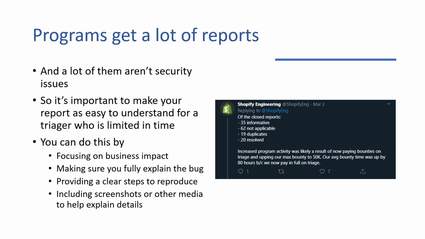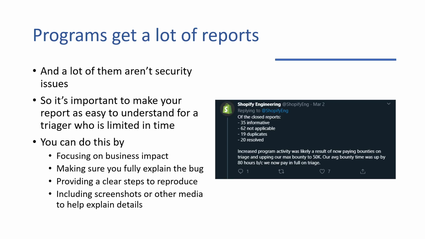They're thinking, well, I know that out of everyone I have, I'm looking at 39 reports that are legitimate and nearly 100 that aren't. They've got a bias there, which is that your report is most likely to be marked as NA or informative, not as a legitimate bug.